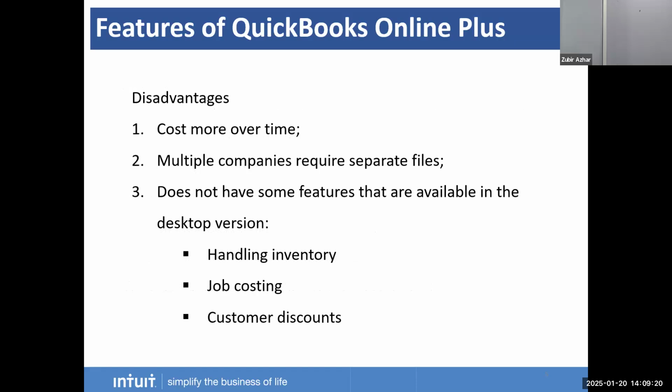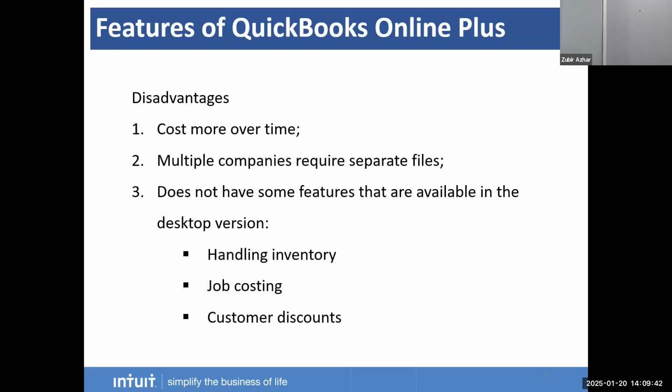So every single branch will have one separate account. So it is quite difficult for you to manage a very big company because you need to maintain single or separate accounts. So when you want to merge the accounts, it can be quite problematic.